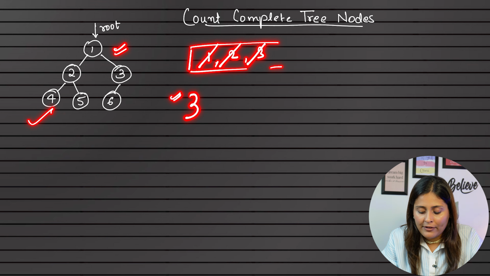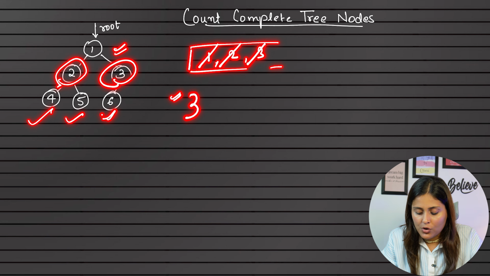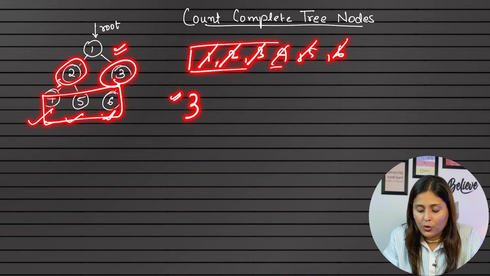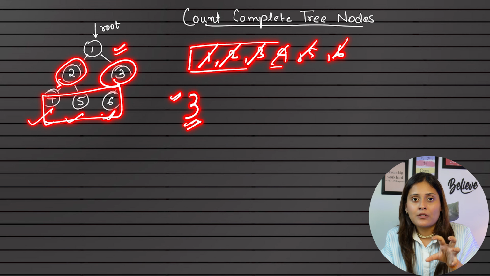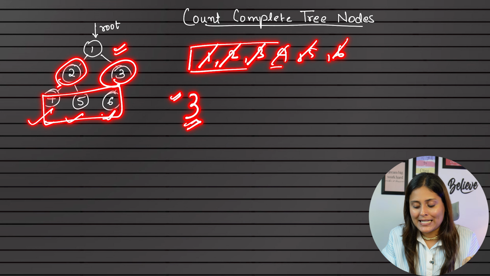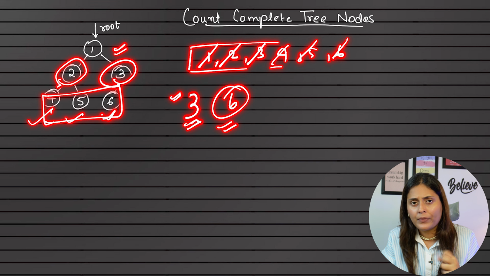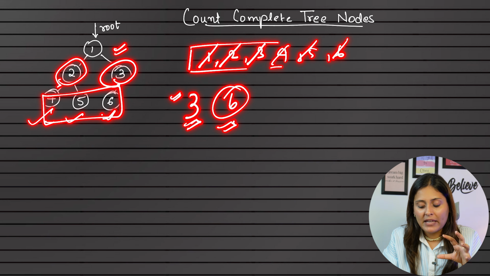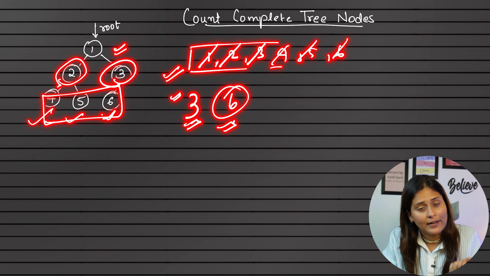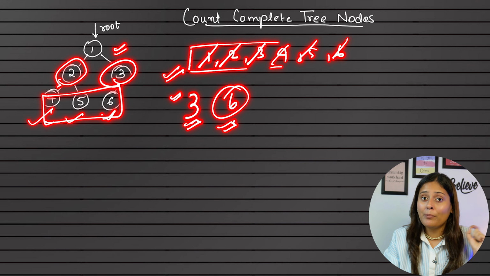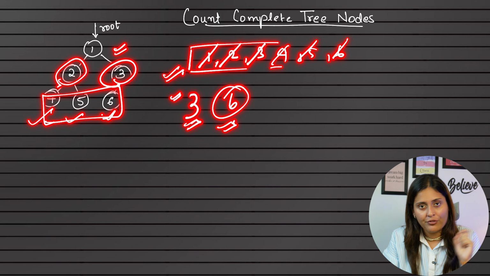Then append 4, 5 as the children of 2 and 6 as the child of 3. Append all of these in the queue, 4, 5, 6, and later pop. So in total the number of times you have popped the nodes is nothing but the total count of the nodes. Yes, but there the space complexity will use extra O of n to store the values in the queue, which is not even required. So that is why here we'll prefer DFS instead of BFS.